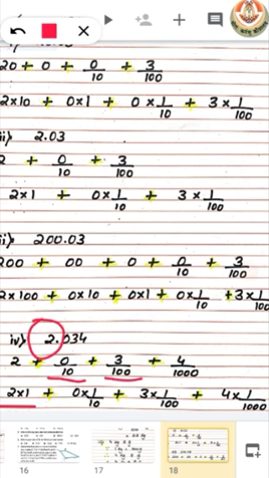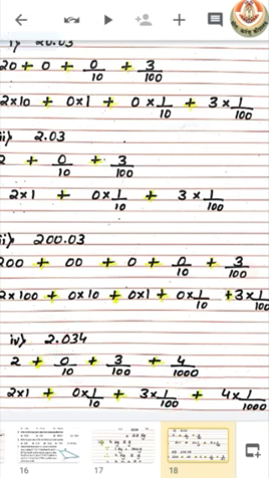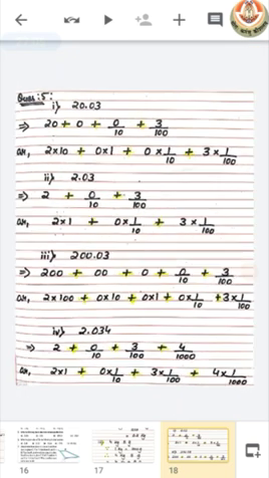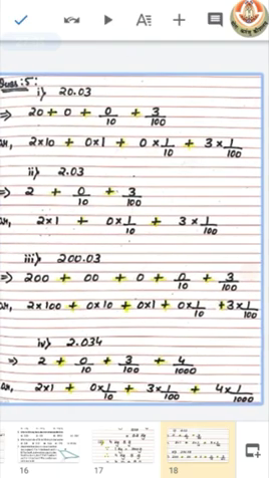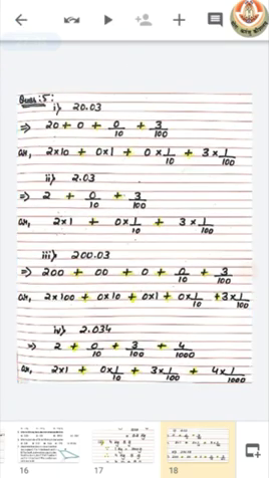Then 3 is in hundredths place. So it will be multiplied by 1 upon 100. And 4 is in thousandths place. For this it will be multiplied by 1 upon 1000. And you can easily see the other parts also here to understand this concept easily.